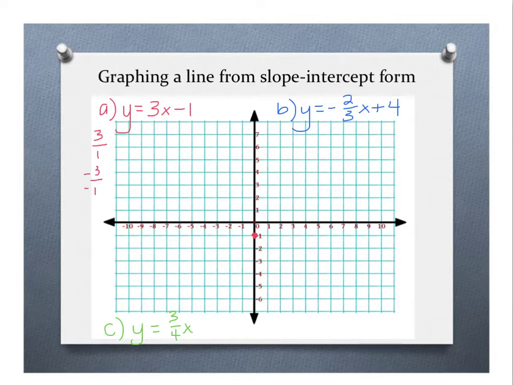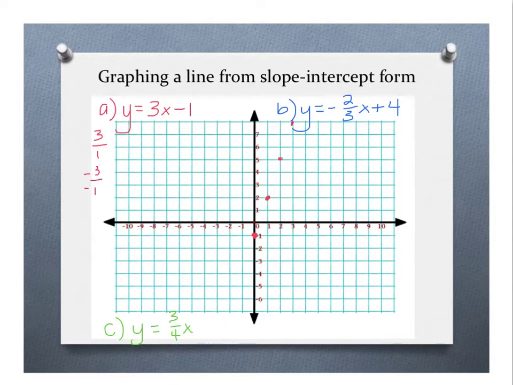So from this y-intercept point, from this point I've already graphed, I'm going to use that slope. So I'm going to count up. Rise of 1, 2, 3, and run of 1, and that right there is where I'm going to plot my next point. Do it again, same thing, rise of 1, 2, 3, run of 1, plot the point.